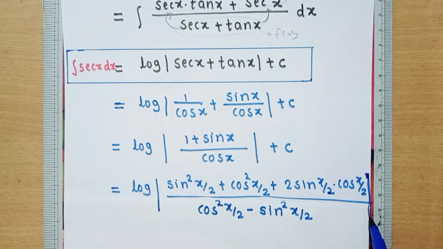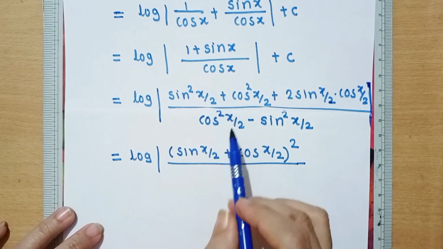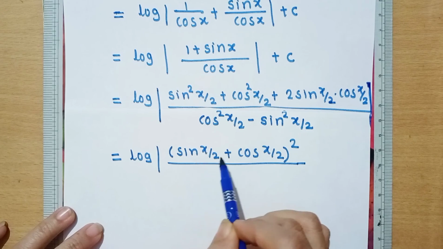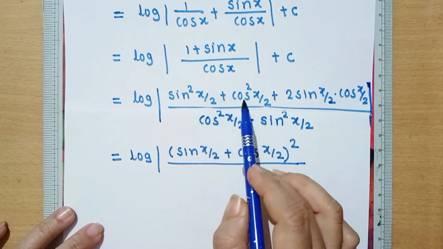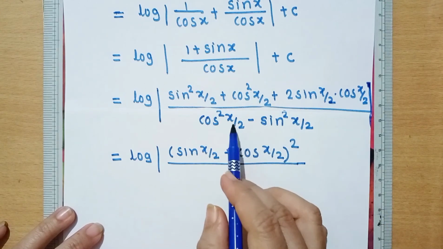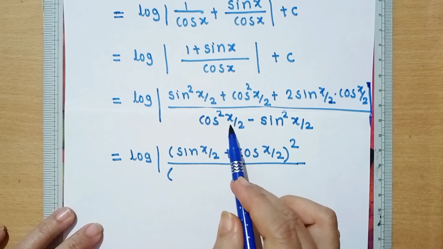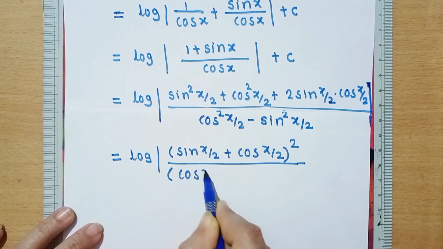Now the numerator is the expansion of sin x by 2 plus cos x by 2 bracket square. Check now: first term square, second term square, twice of these two terms. And in the denominator use the a square minus b square formula, that means a plus b and a minus b.